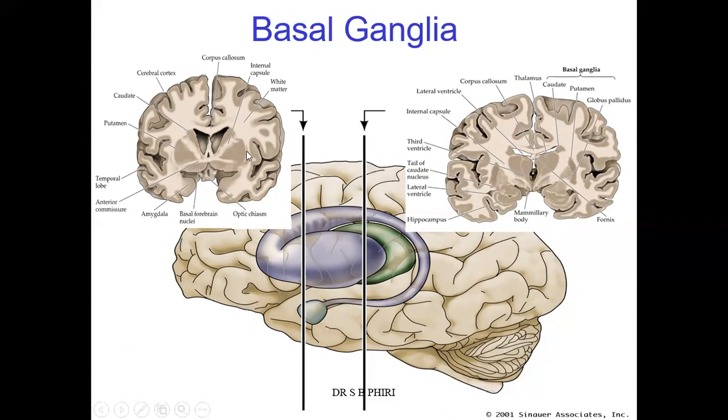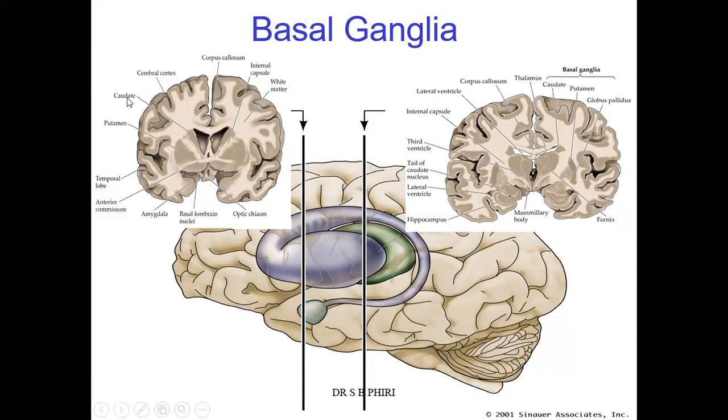Okay, so from this cross-section of the brain, you can appreciate the components of the basal ganglia here. You have the caudate nuclei that is adjacent to the ventricles, the lateral ventricles. You have the caudate nucleus. Then you can also appreciate the thalamus. So the thalamus, though is not very visible here, you can also appreciate the putamen.